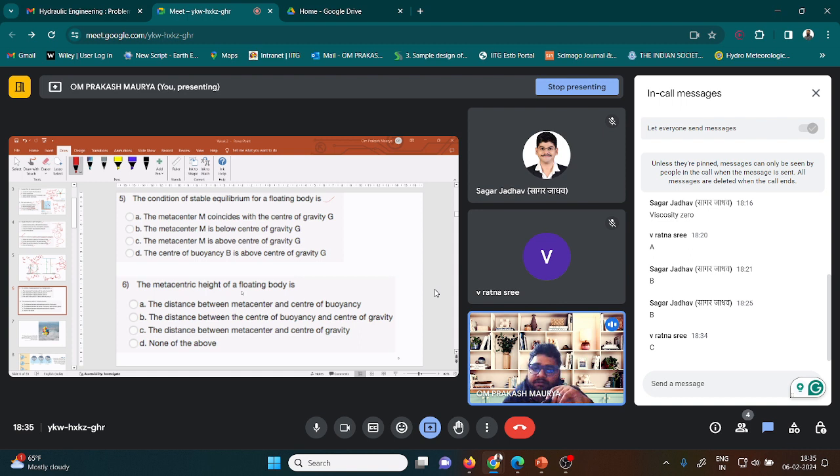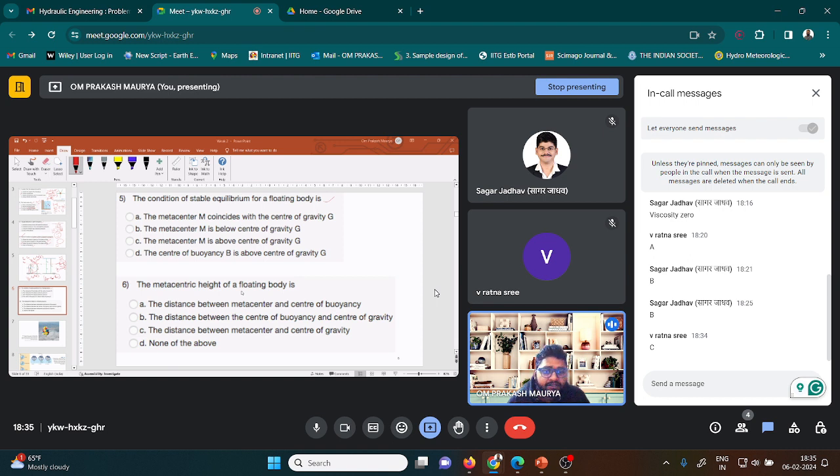The metacentric height of a floating body is, okay, is it possible to have a metacenter in the case of a submerged body? Sagar and Ratnasri, please interact. Is it possible? Yes or no?